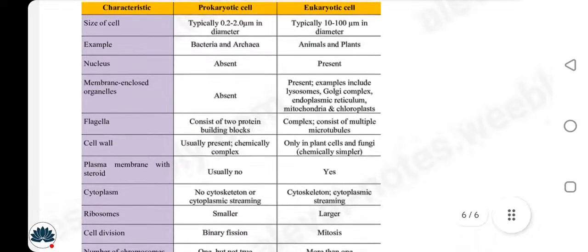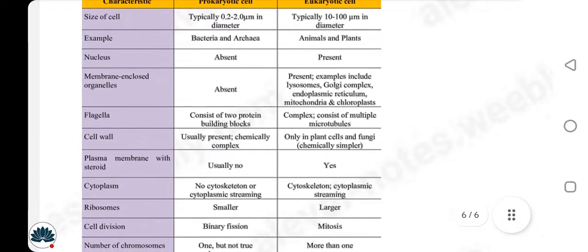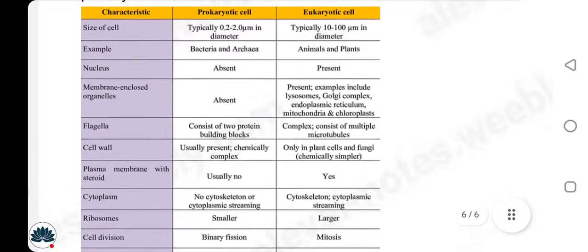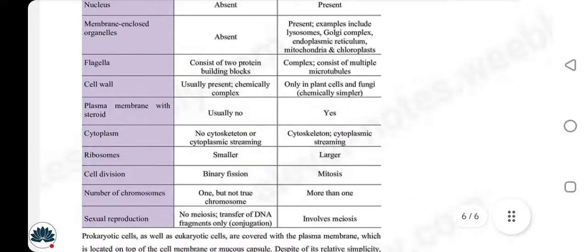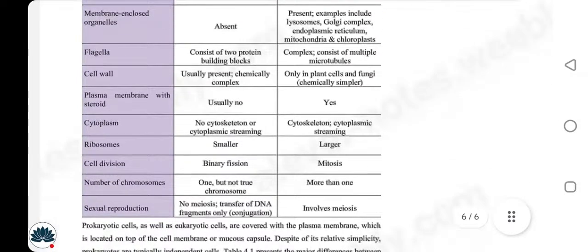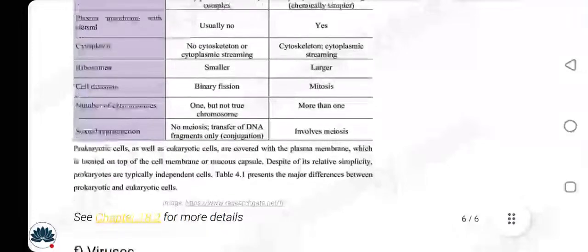Ribosomes are smaller in prokaryotes, 70S ribosomes, and 80S ribosomes are larger in eukaryotic cells. Cell division in prokaryotic cells is binary fission, and in eukaryotes it is mitosis. There is more than one chromosome in eukaryotes, and only one, not a true chromosome, in prokaryotes. And at the last, sexual reproduction involves meiosis in eukaryotic cells, while in prokaryotic cells there is no meiosis, only transfer of DNA fragments by conjugation.